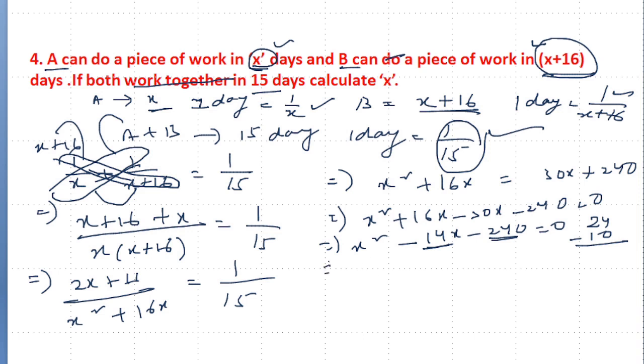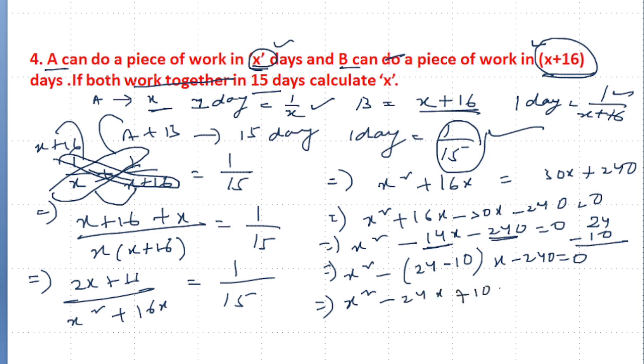Okay, so change it: x² - 24x + 10x - 240 = 0. Okay, so simply x(x - 24) + 10(x - 24) = 0. So now (x - 24)(x + 10) = 0.